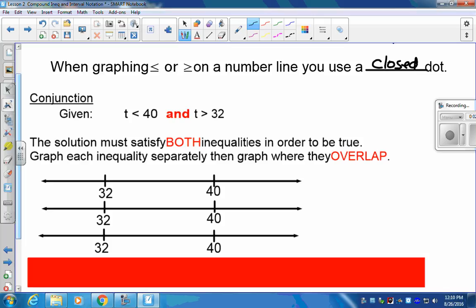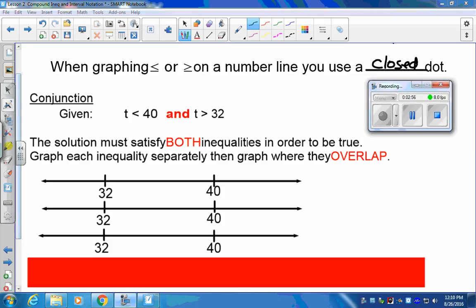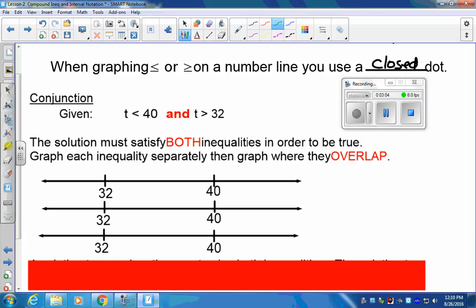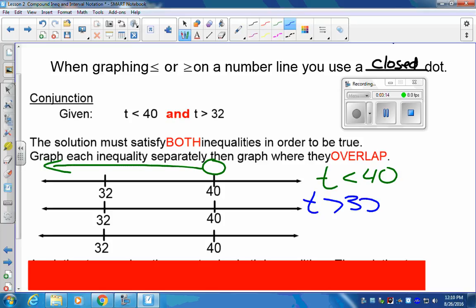So in order to think about our solution, let's go ahead one at a time and take a look at them. All right, so let's start with t is less than 40. Open circle, shading this way. My second graph is t is greater than 32.